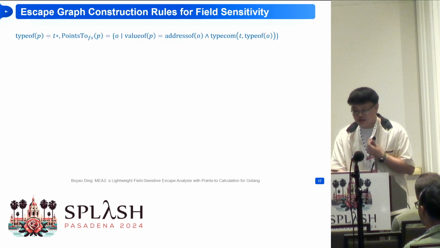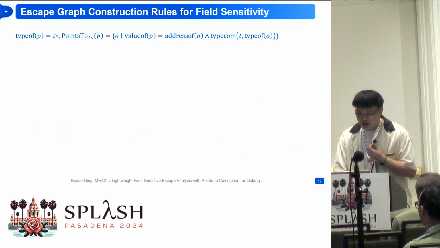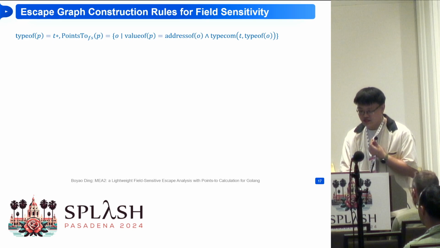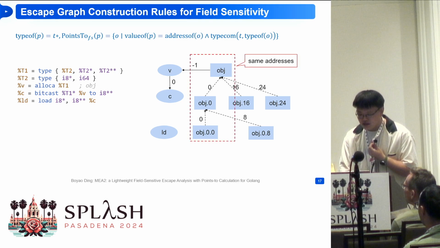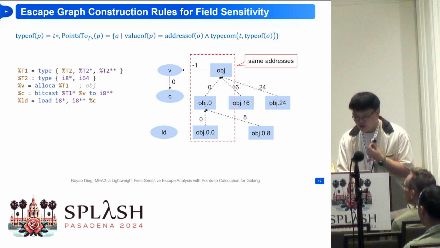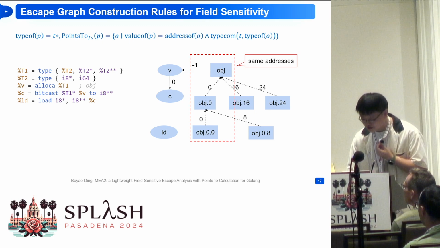Next, we will introduce the calculation of the points-to set for field sensitivity. We introduce the constraints of type compatibility to refine the points-to information. Consider the following example. OBJ is of type T1, and C obtains the address of OBJ through V. At this point, there are three object nodes whose address equal to the value of C: OBJ, OBJ.0, and OBJ.0.0.